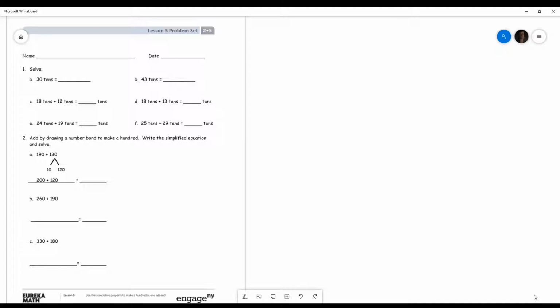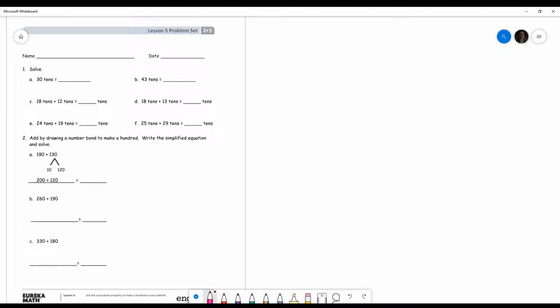One easy way to do this, because when we say 30 tens, it's 10 plus itself 30 times. That would take way too long to figure out, wouldn't it? That would take up your whole piece of paper.